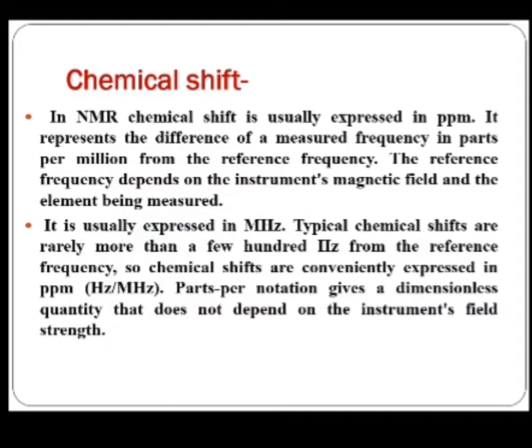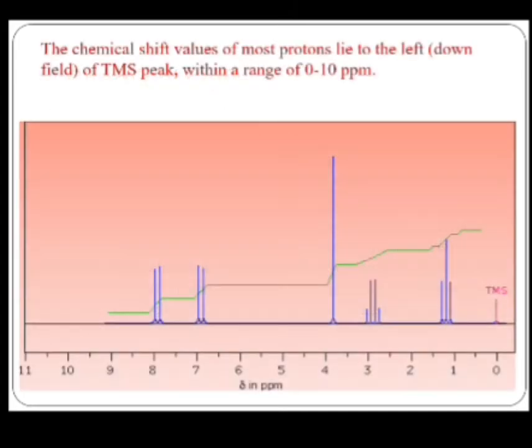The reference frequency depends on the instrument's magnetic field and the element being measured. It is usually expressed in megahertz. Typical chemical shifts are rarely more than a few hundred hertz from the reference frequency, so chemical shifts are conveniently expressed in parts per million. Parts per million notation gives a dimensionless quantity that does not depend on the instrument field strength.